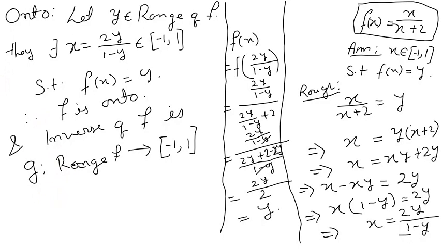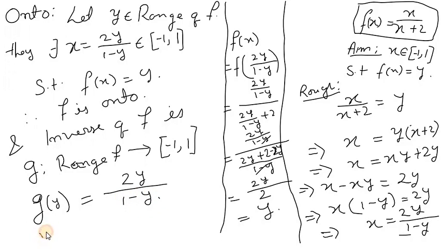Things are not working very properly. Okay, so this will be g(y) equal to, just plug in this value here, 2y/(1 - y).